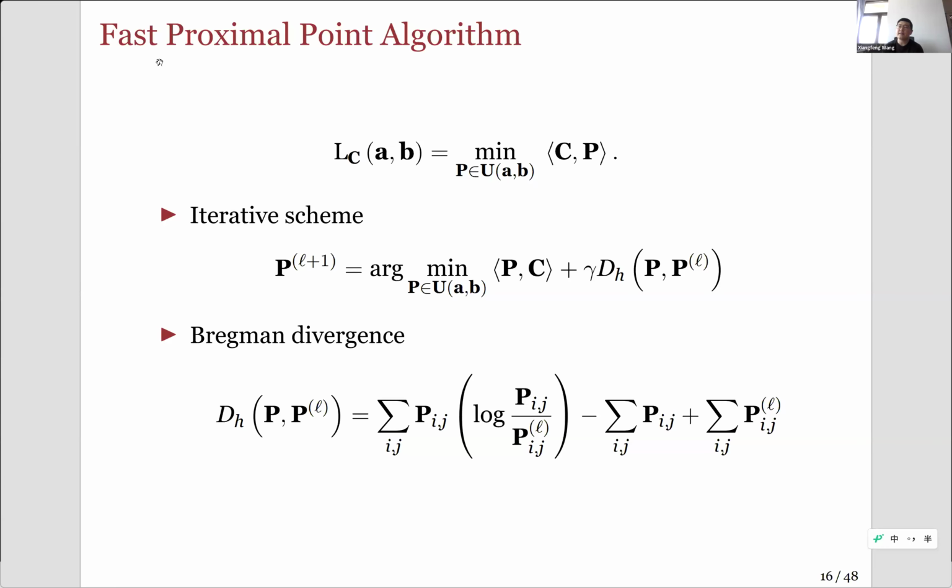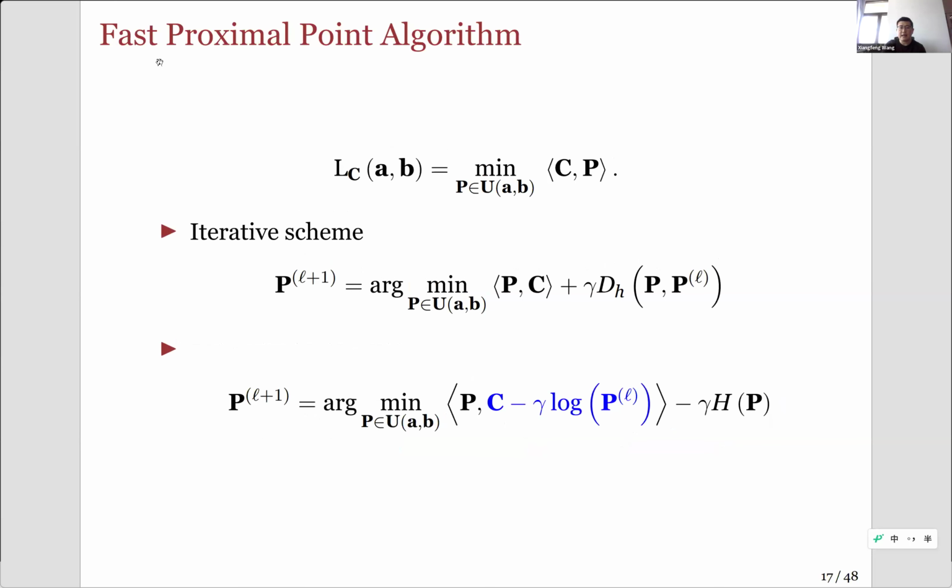And here the distance D_h is a Bregman divergence measuring the distance to P_l, and gamma controls the proximity emphasis. If we choose the Bregman divergence based on the entropy, the update step becomes equivalent to solving an entropically regularized optimal transport problem, but with a modified kernel matrix, which is in blue here.